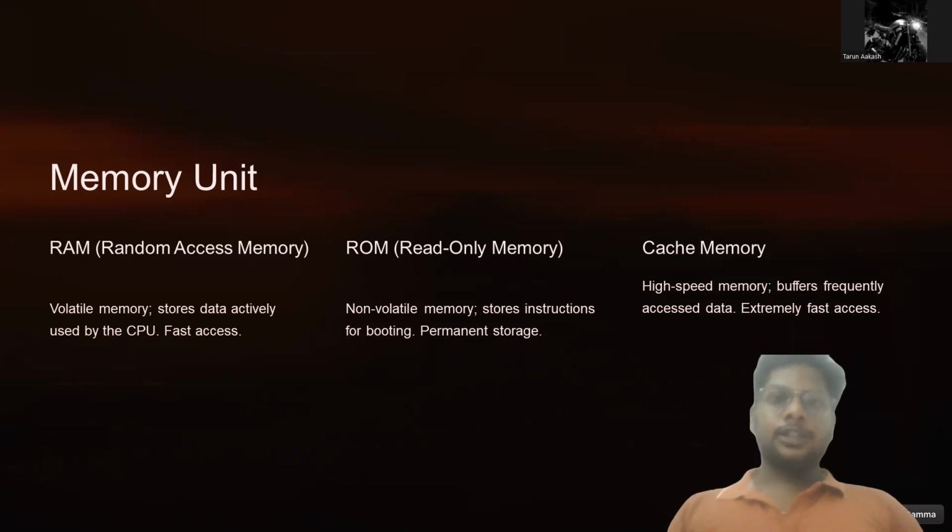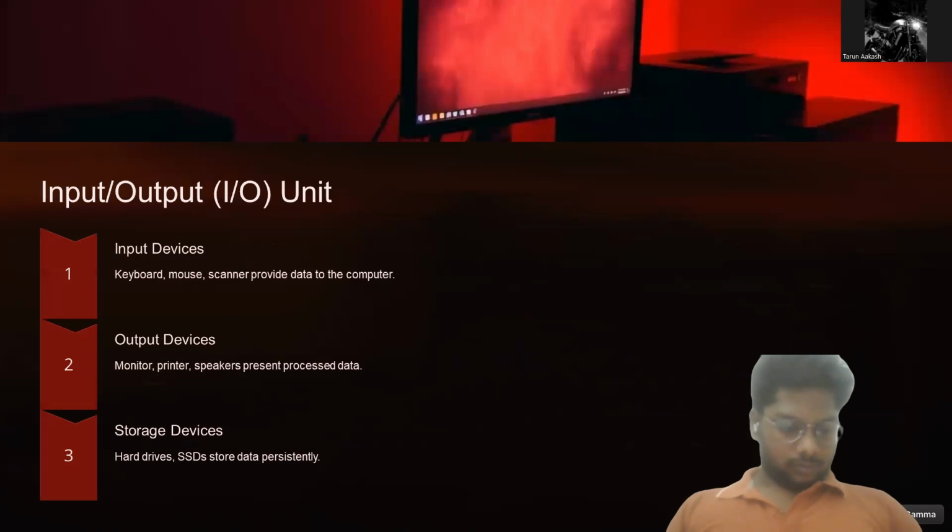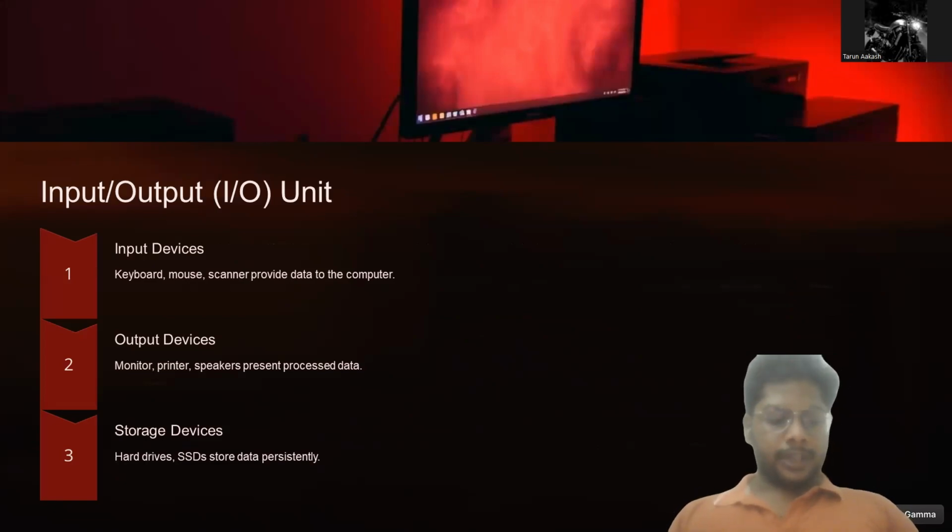Next, let's talk about the input and output operations. Input units and output units are the communication units of the computer, managing the exchange of data between the computer and the outside world. Input units are mainly keyboards, mouses, scanners, and so on.